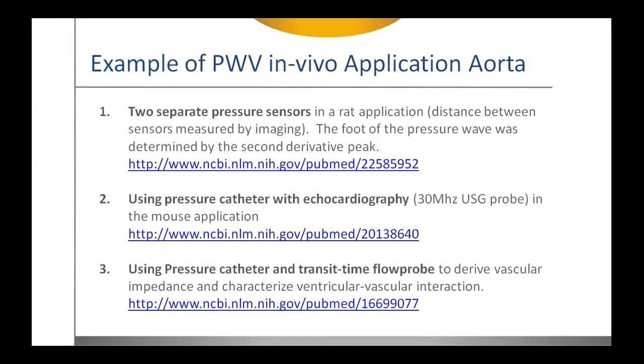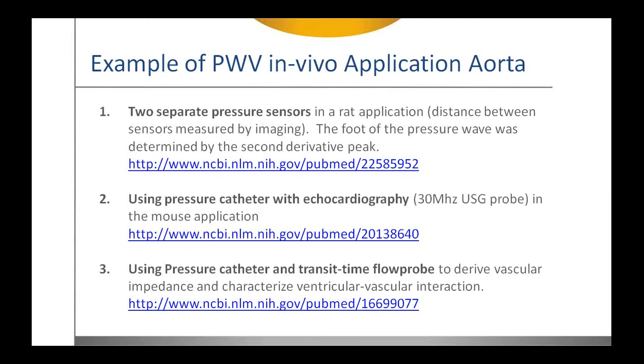On the next slide, there are examples of three other techniques that can be used to obtain pulse wave velocity. The first option is to use two separate pressure sensors, and here we have it in a red example, where the distance is measured by an imaging technique. The second example is the mouse, using a pressure sensor in the abdominal aorta, while an ultrasound probe of 30 megahertz examines the aortic diameter to combine it with the aortic pressure waveform.